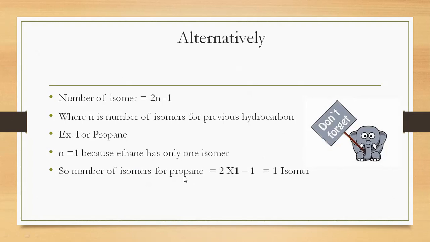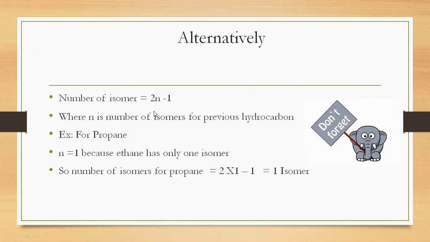But I'll tell you, there's a little difficulty in this, or it may be a little lengthy for you, because to know the number of isomers of the previous hydrocarbon, I have to calculate that first, which takes time.